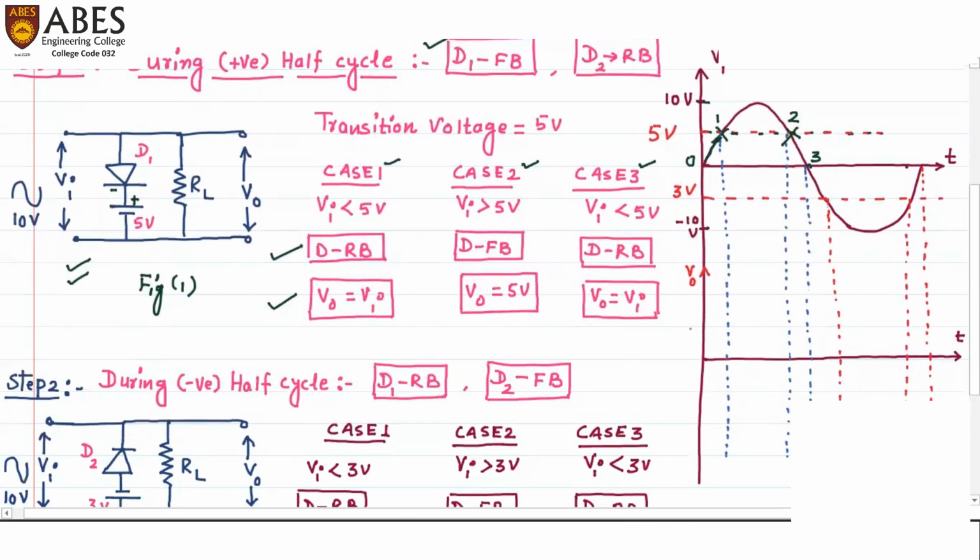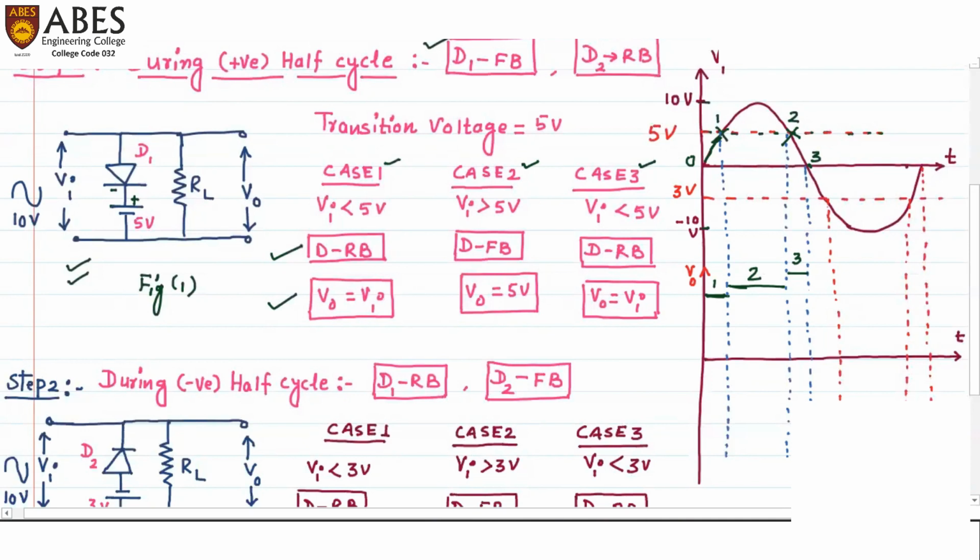So these two lines correspond to case number 1, these two lines correspond to case number 2, and these two lines correspond to case number 3. So in case 1, V naught is equal to Vi.